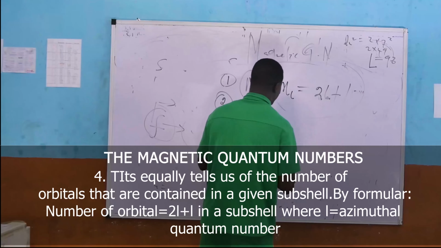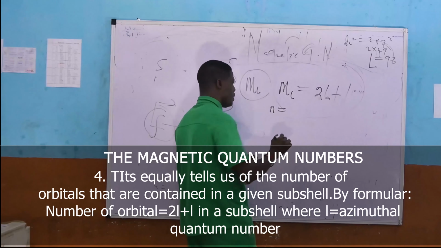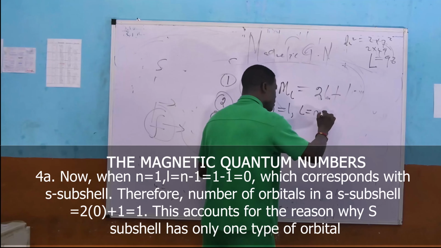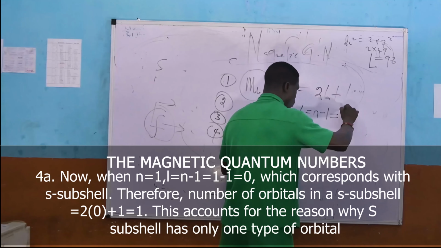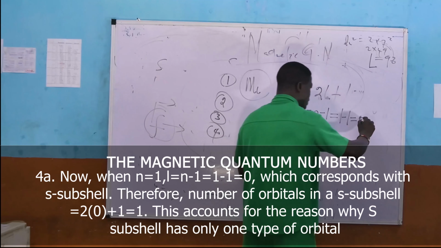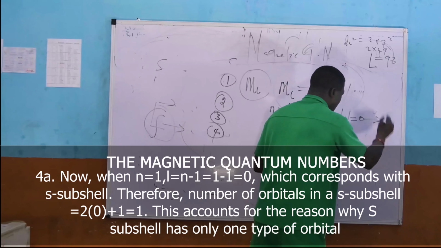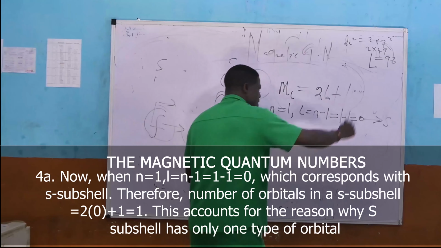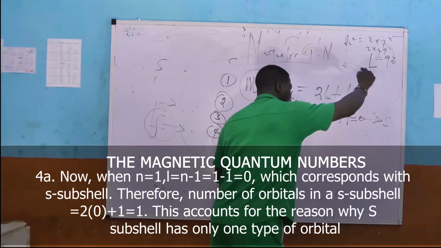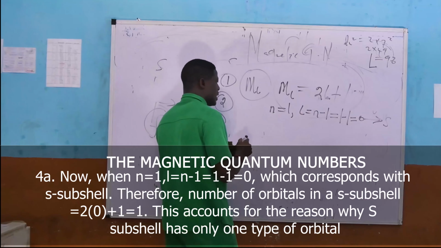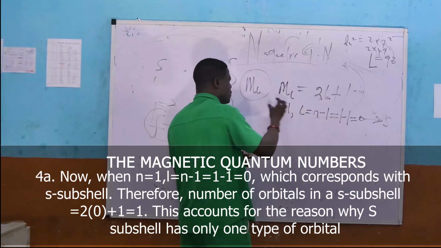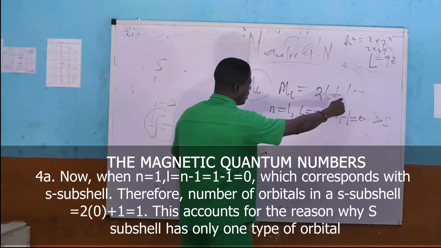Let's do that. For instance, when the principal quantum number n is 1, we obtain the azimuthal quantum number to be n minus 1, and that is equal to 1 minus 1, which is 0. And this corresponds with what is called the s subshell. Inside of the s subshell, there are other sub-subshells. How do we get them? We can justify that using the knowledge of the magnetic quantum number, which by formula says m sub L is equivalent to 2l plus 1.